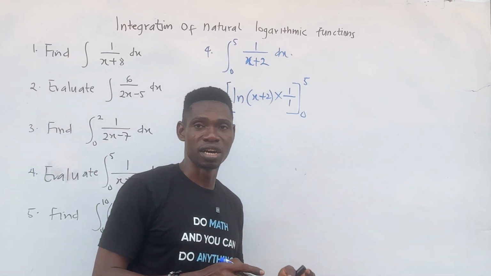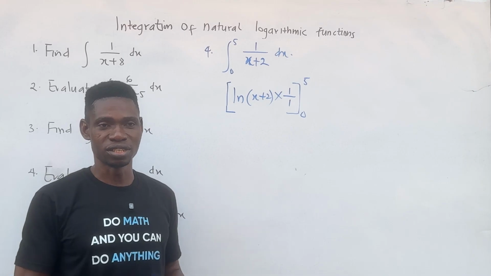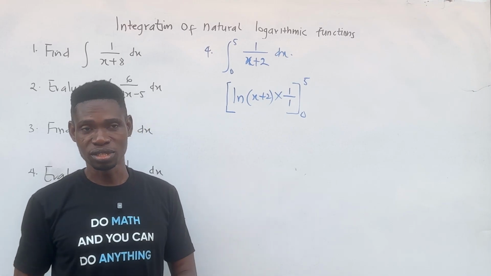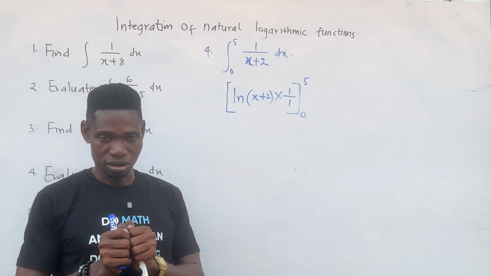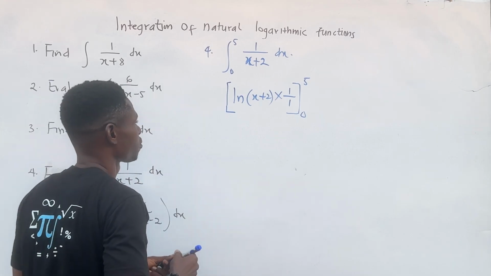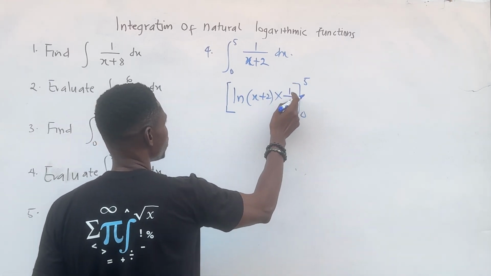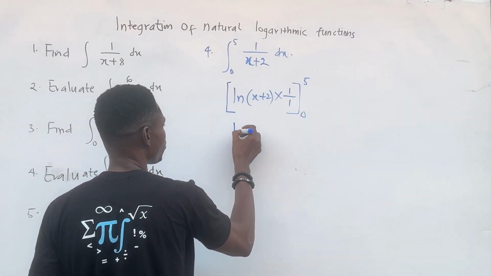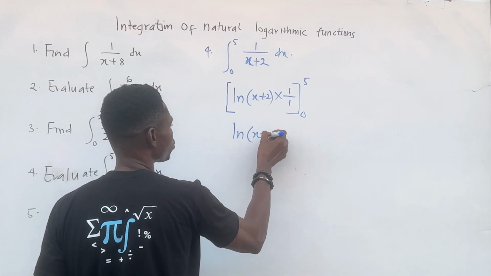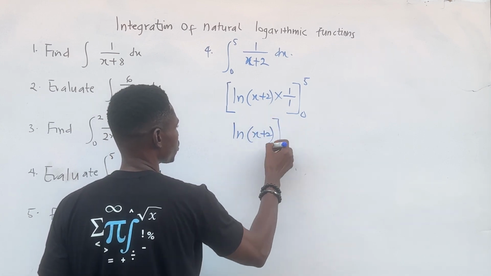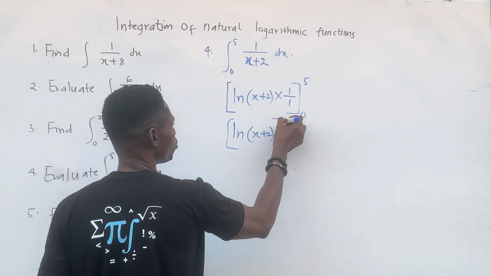The ones where you have plus c are indefinite integrals. For the definite one, you don't have a plus c, rather you have your actual value. So 1 over 1 is 1, and at the end of the day, we'll have ln x plus 2 from 0 to 5.